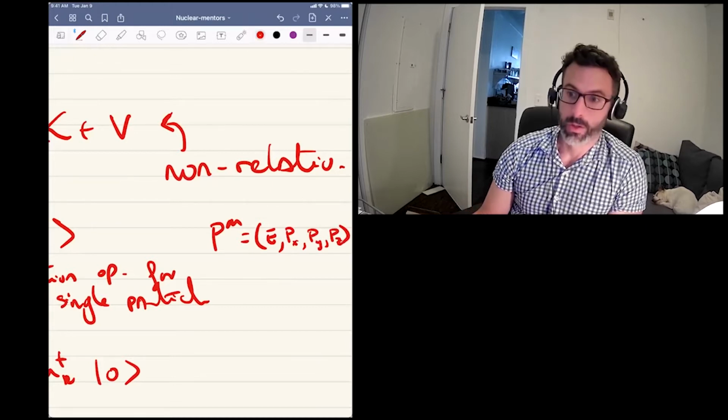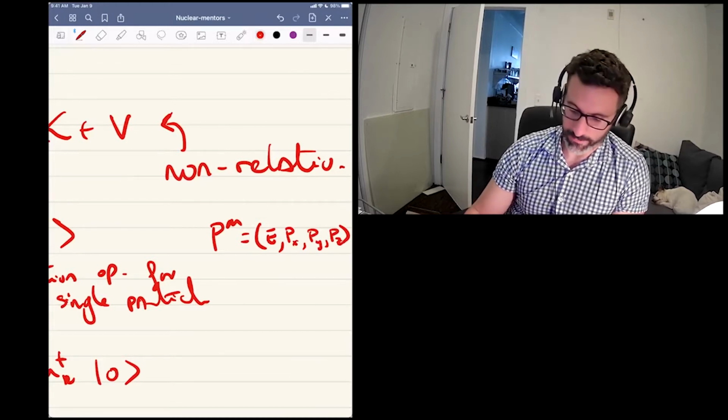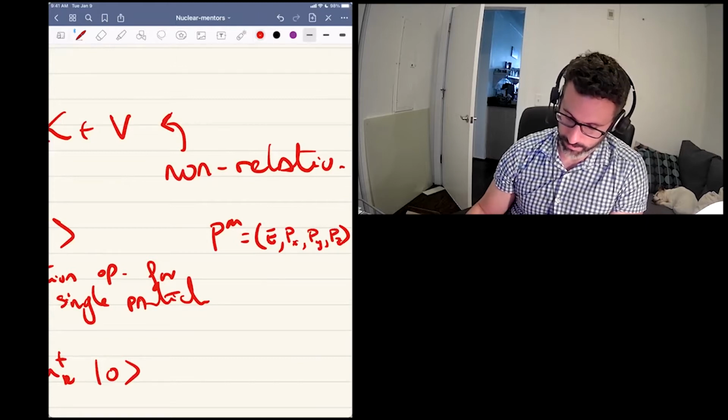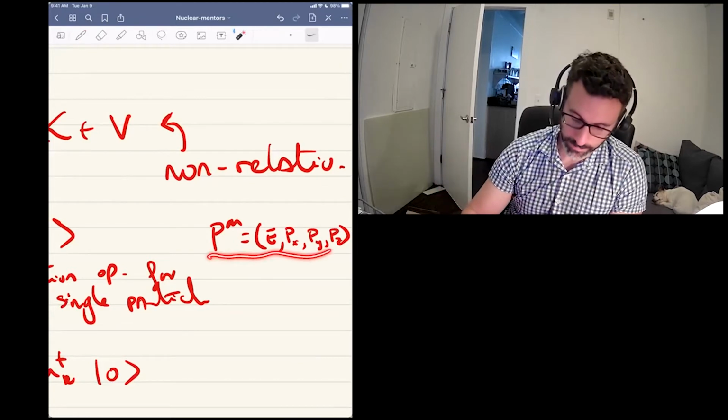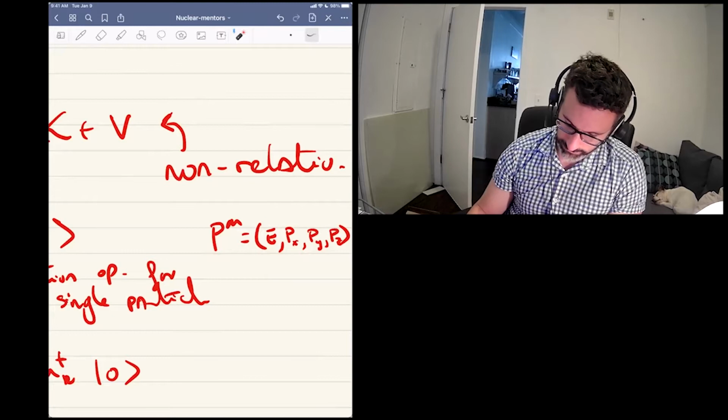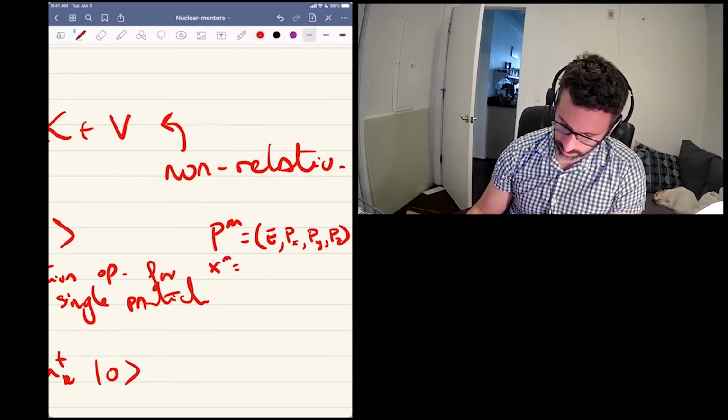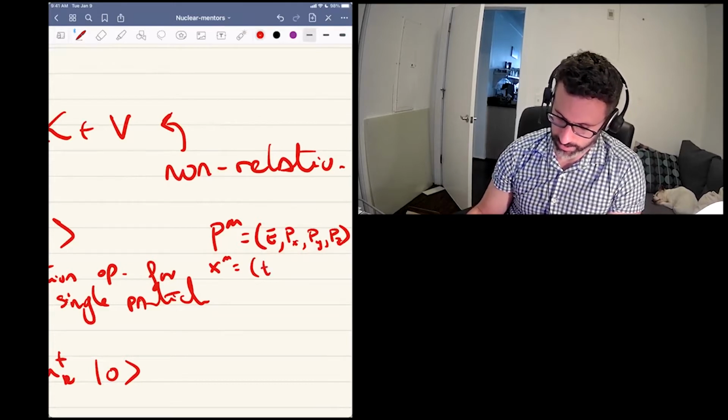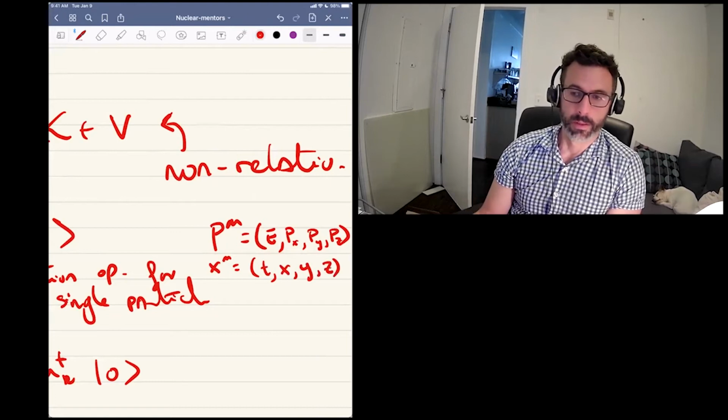So you can define fields in this space, no problem with that. You can also define fields in position space, meaning here position would be a four-dimensional object, so you can create a field at some time t that is located at x, y, and z. You can do either one of these.